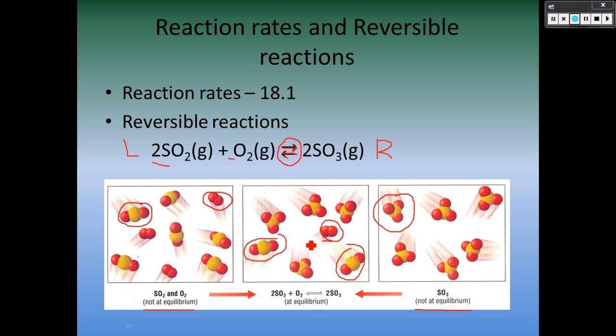We would say that this reaction favors the products, meaning at equilibrium, you're going to have more of the SO3 in terms of a ratio than what you have on the left side here. And some reactions favor the product so strongly that you can barely even detect any reactant still there, even though it's at equilibrium.